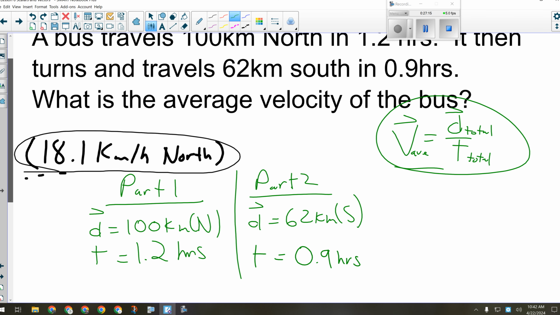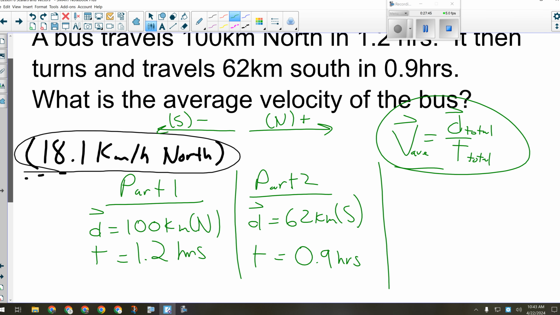What I'll do is I'll say, okay, north is positive, south is negative. And I'm just going to assign positive and negative to those opposite directions. If I had up and down, I would assign positive to up and negative to down. You pick whatever you want it to be.